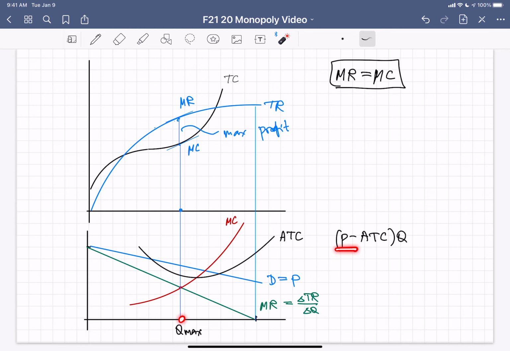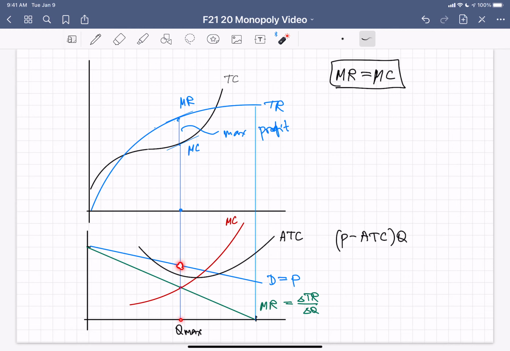Well, at this Q, you find it by going up until you hit your demand curve. That's how much you can charge if you want to sell that many units. You cannot charge more because people will not buy it, and you don't want to charge less, because why should you charge less if you can charge up to this price? So that's the price you're charging.